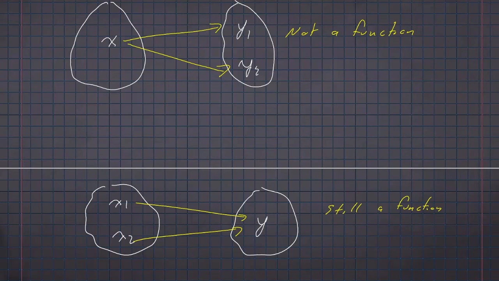But going backwards, your inverse going from y back to x is not a function. And so we need to have a very specifically designed function.